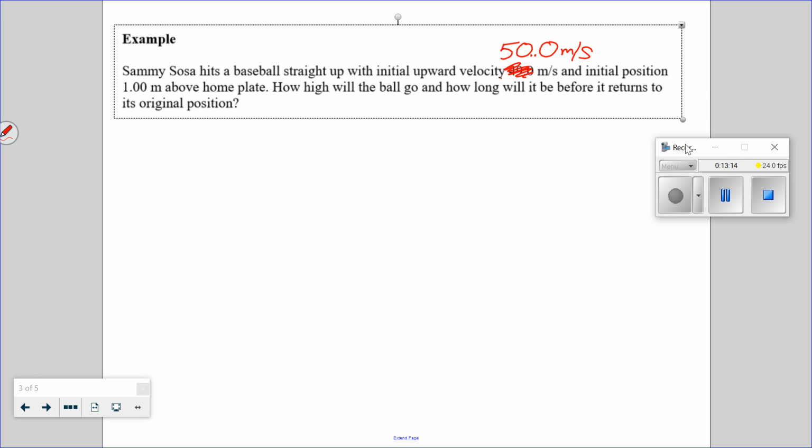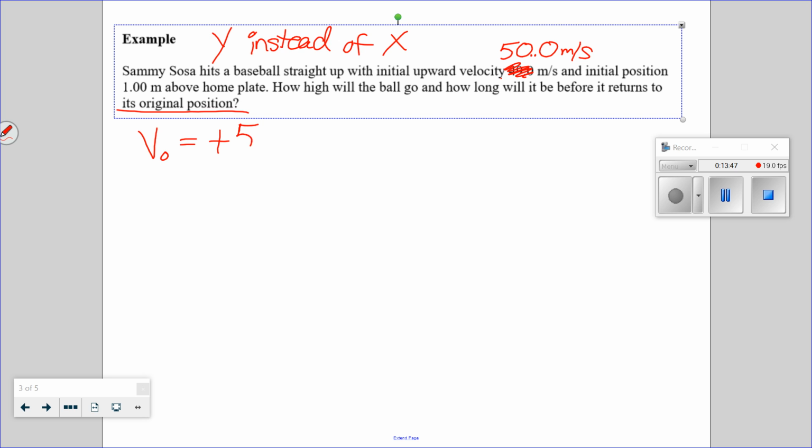Ooh. Since we're talking up and down, let's use y instead of x. Okay. Well, and let's write down what we've got. Okay. We've got our v0 is up at 50 meters per second.